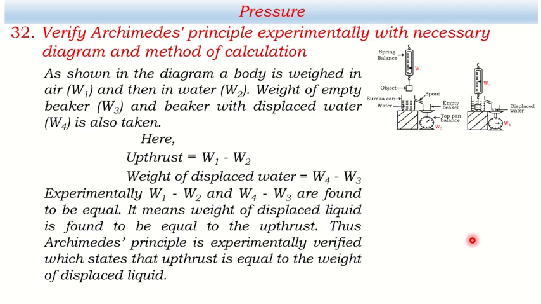It means weight of displaced liquid is found to be equal to the upthrust. Thus, Archimedes principle is experimentally verified, which states that upthrust is equal to weight of displaced liquid. Okay, this way we can verify Archimedes principle experimentally.